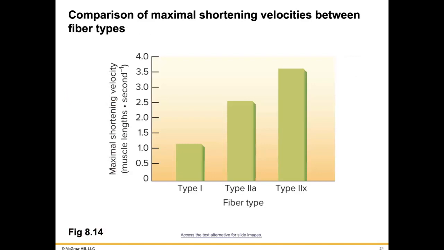In these next figures, we just have an illustration of what we talked about on that previous slide. So here you could see our 3 different muscle fiber types. Here's our slow twitch, our fast oxidative, and fast glycolytic, and we are measuring the maximal shortening velocity.